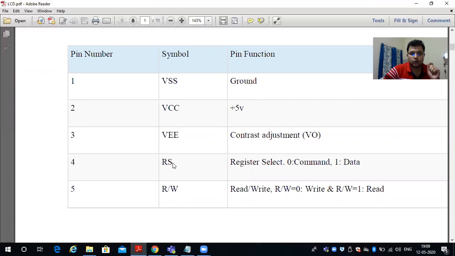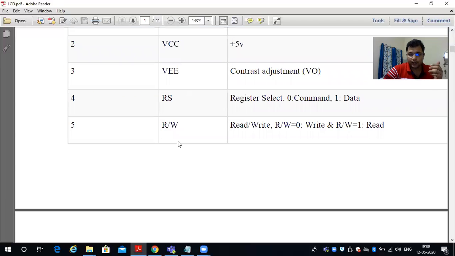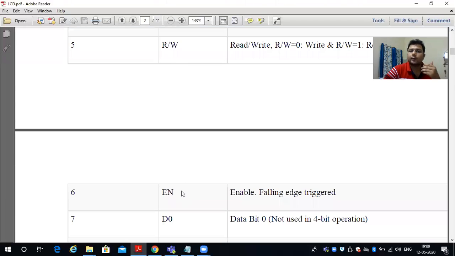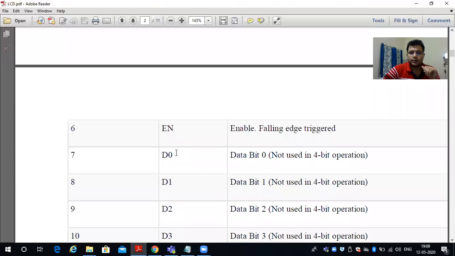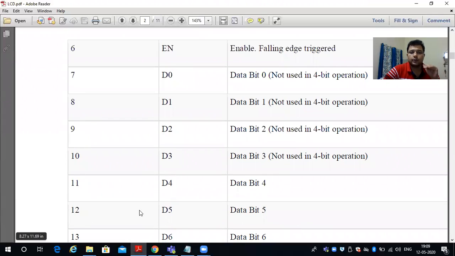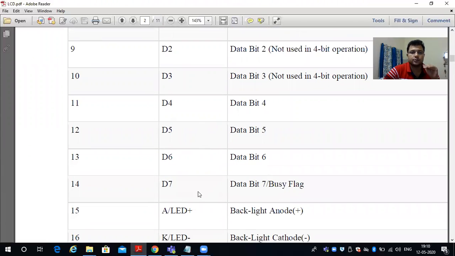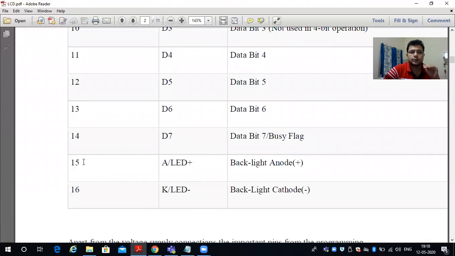And these are all the control pins: register select, read write, and enable. And after these, 7, 8, 9, 10, 11, 12, 13, these are all data pins, data bits. This is 15th and 16th for backlight, the 15th is backlight anode, and the 16th one is backlight cathode.